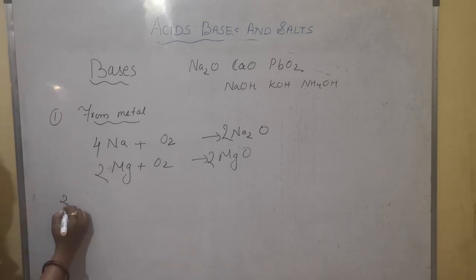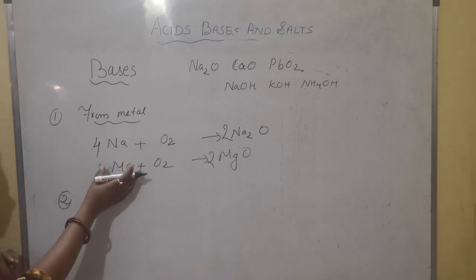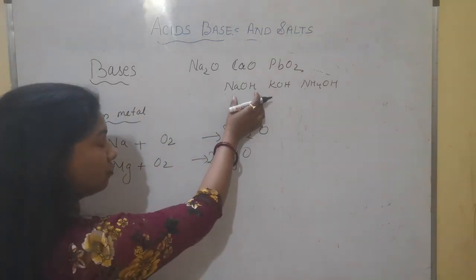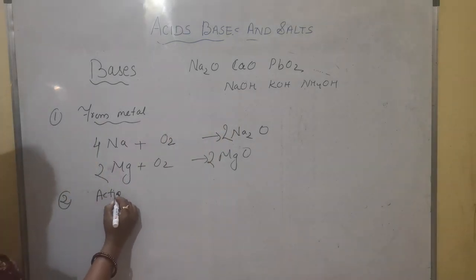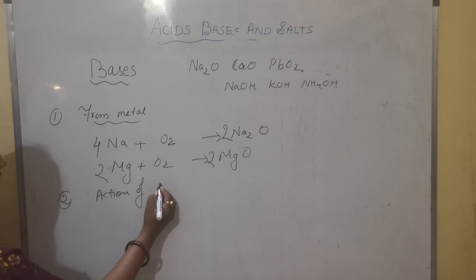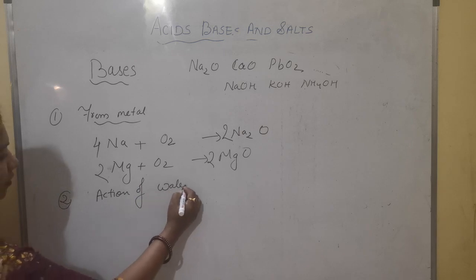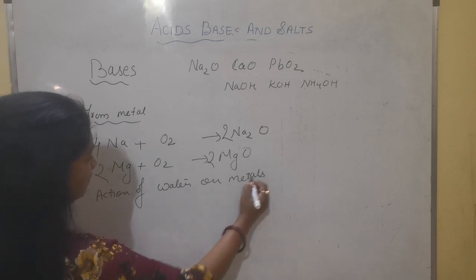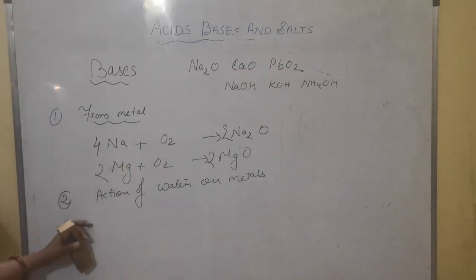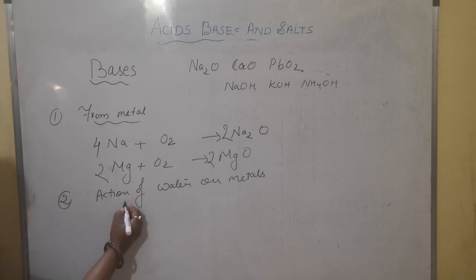The next method of preparation: the metal will remain the same, but now we have to make hydroxide. So, action of water on metals.